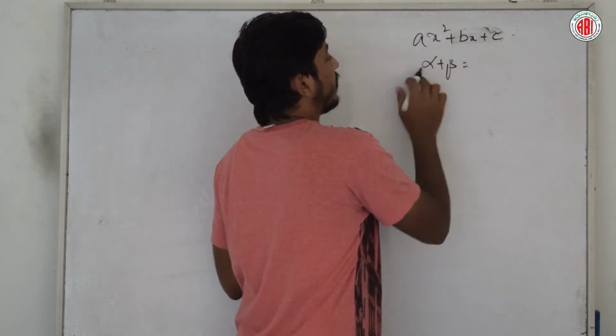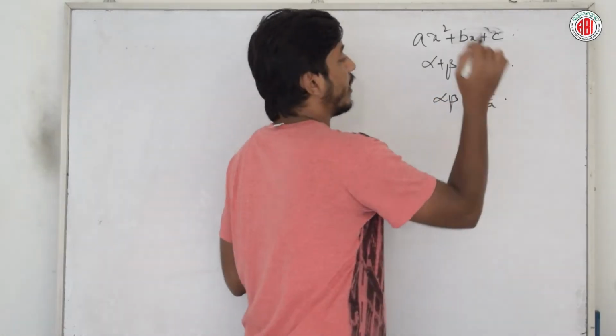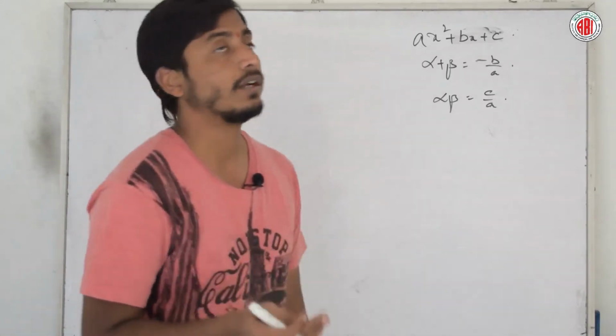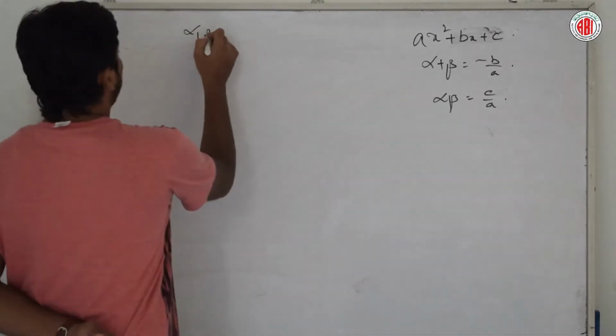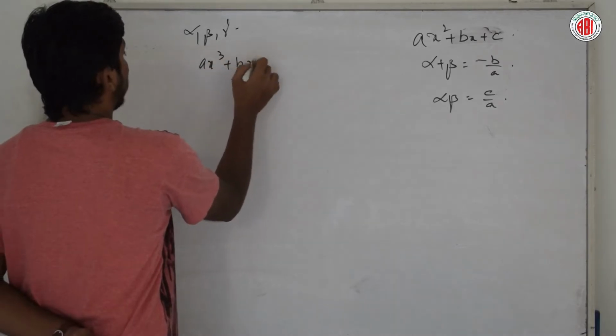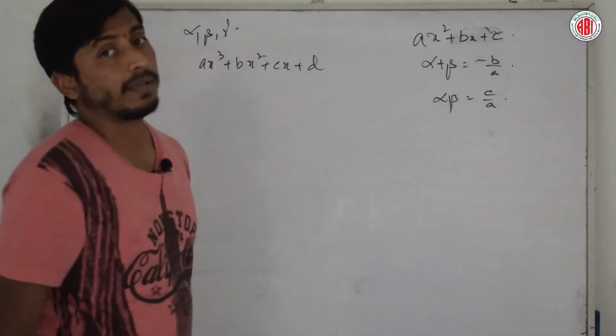Let us say alpha and beta, then the sum of roots is minus b by a. Alpha beta is c by a, isn't it? So what if I increase the number of roots? Let us say alpha, beta and gamma. That is ax cube plus bx square plus cx plus d. Then how do you remember this?